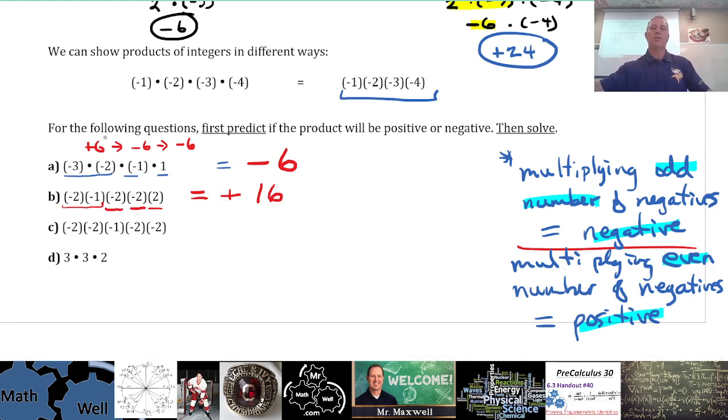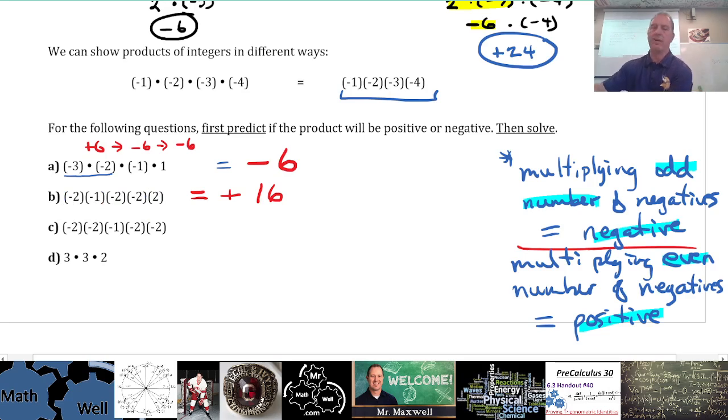Hopefully you got a hold of that. So there's 2, and then that answer times 2, then that answer times 2, and then this answer times 2.